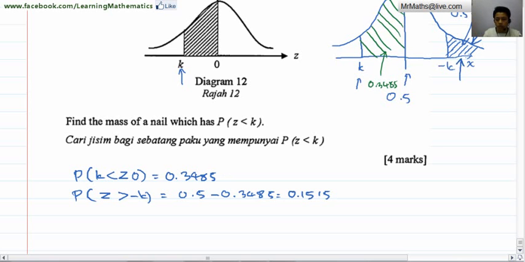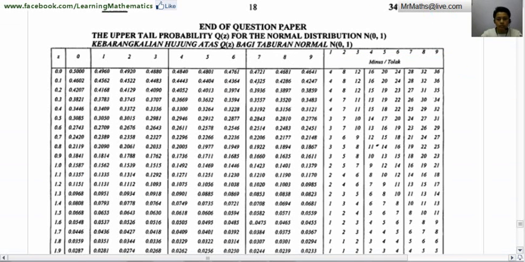So we need to refer back to the upper tail probability table. What is the value of k when it is 0.1515? Let's go back to the table. So we are going to look into the information somewhere inside. Yep, I found it. I found 0.1515 here. That's the one.